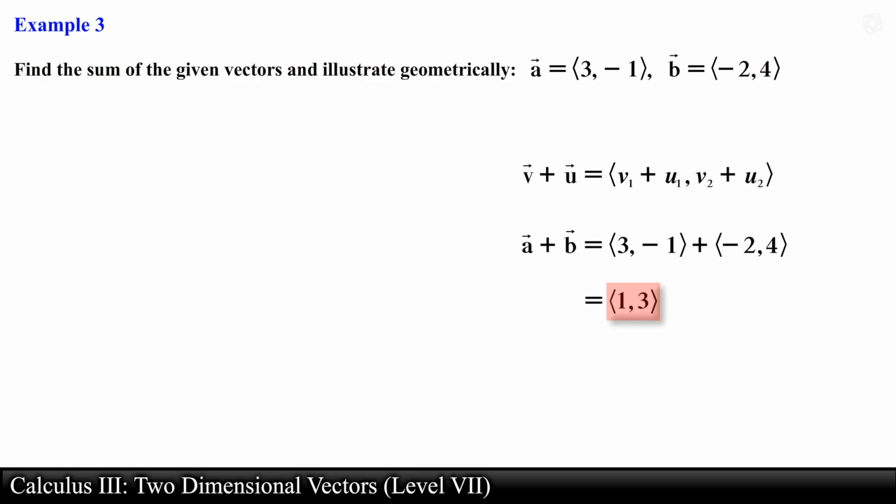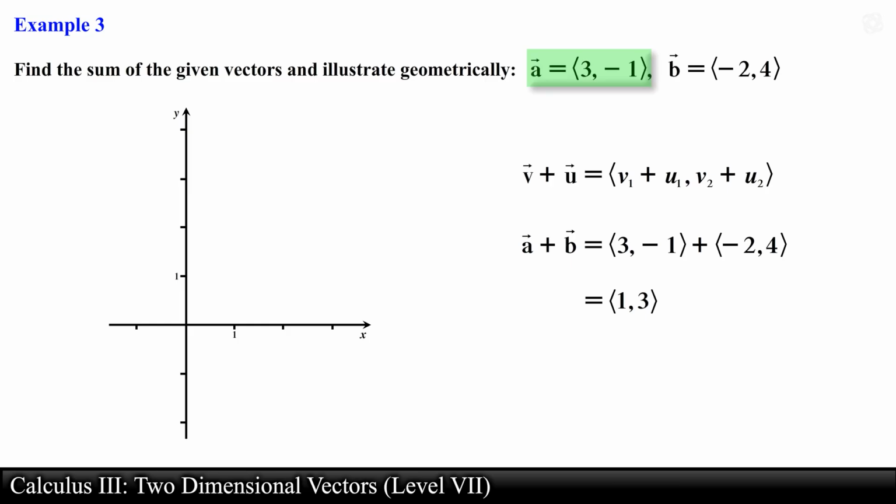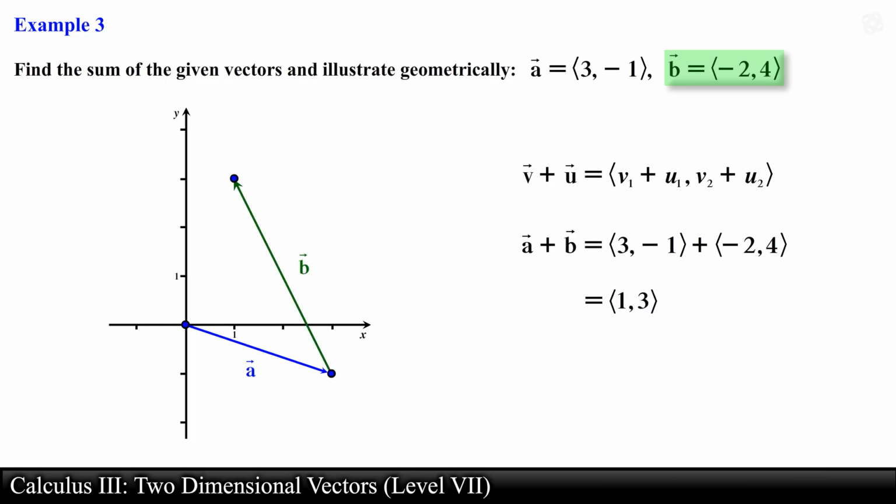Now let's go ahead and use the triangle law to show that the sum of vector A and vector B actually forms a vector with an x component of 1 and a y component of 3. So we go ahead and place vector A in standard position as follows. Then we go ahead and align the tail of vector B with the head of vector A as follows.